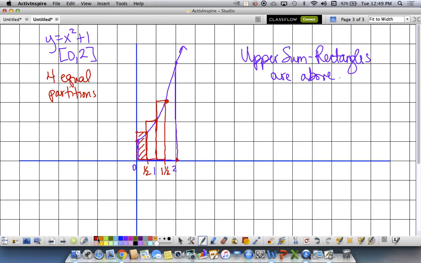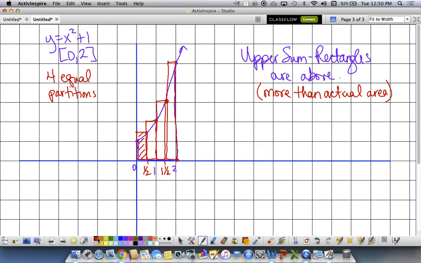This time, our fourth rectangle, we're actually going to use this line at the end. Okay? So our rectangles are outside and they're above it. So the approximation will be more than the actual area.